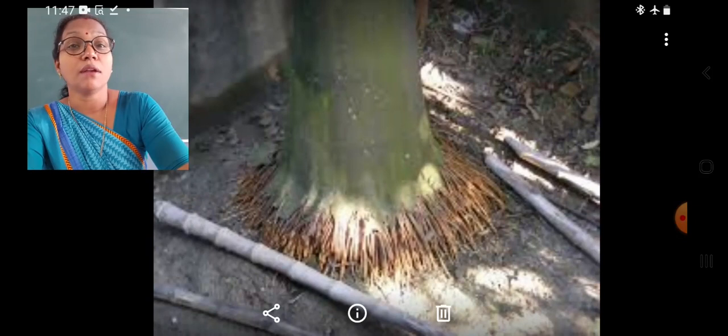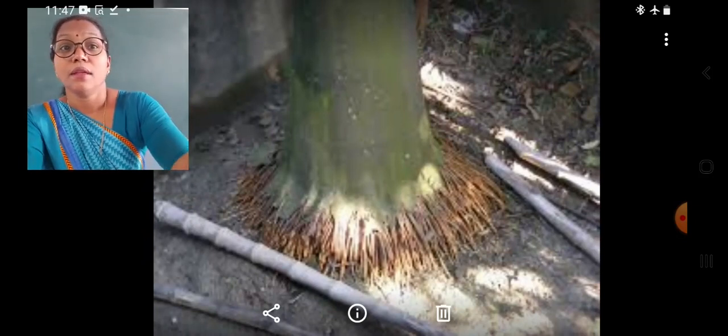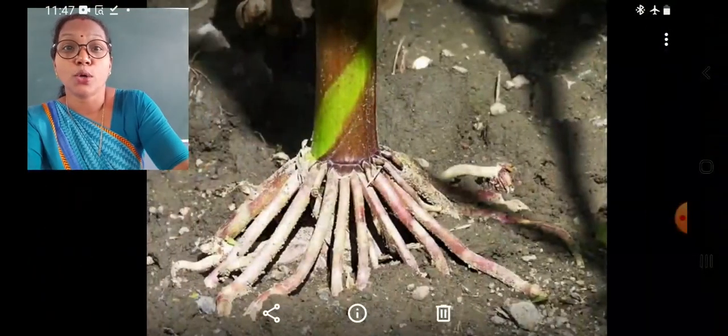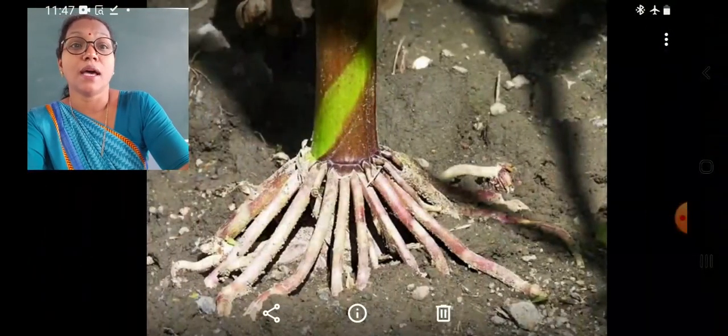These roots are fiber-like. The fibrous roots are similar in size and structure. The monocot plants possess the fibrous roots.